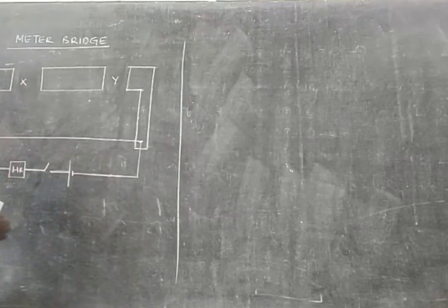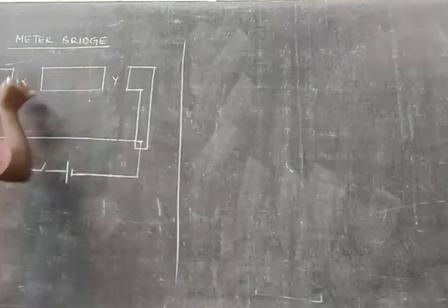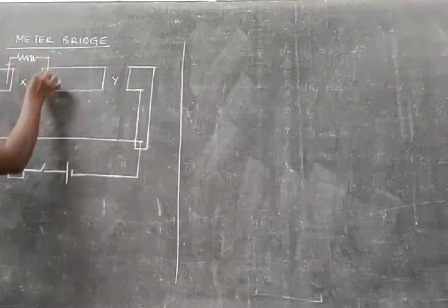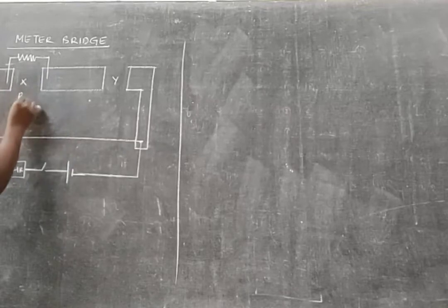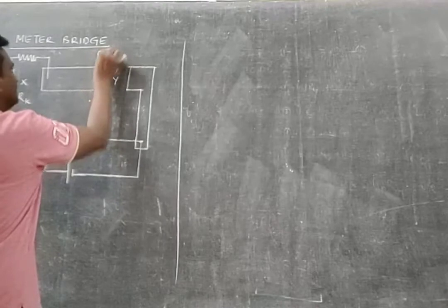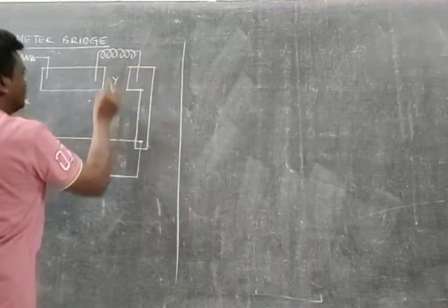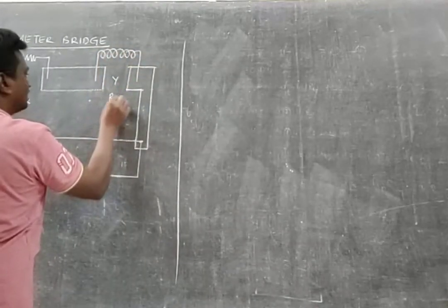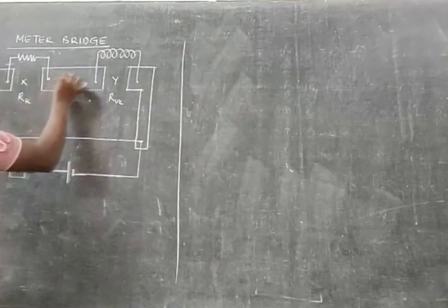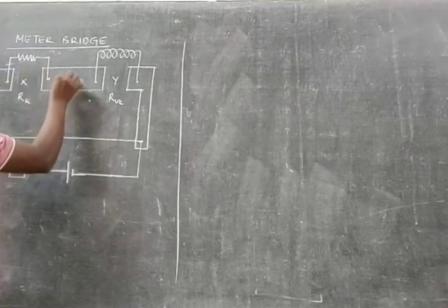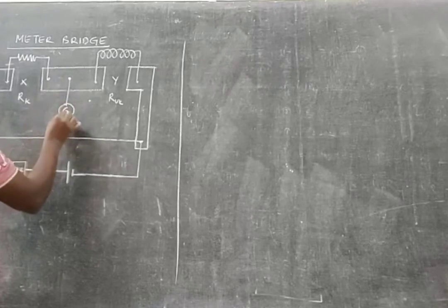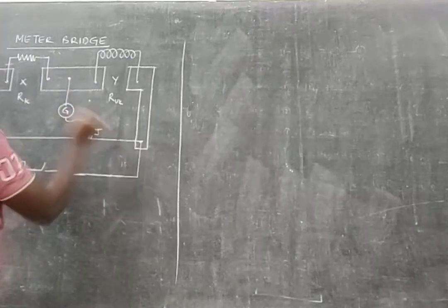A galvanometer. One gap is filled with the known resistance. The other gap is filled with the unknown resistance. And from this plate, this is connected to the galvanometer and the jockey is provided on it.